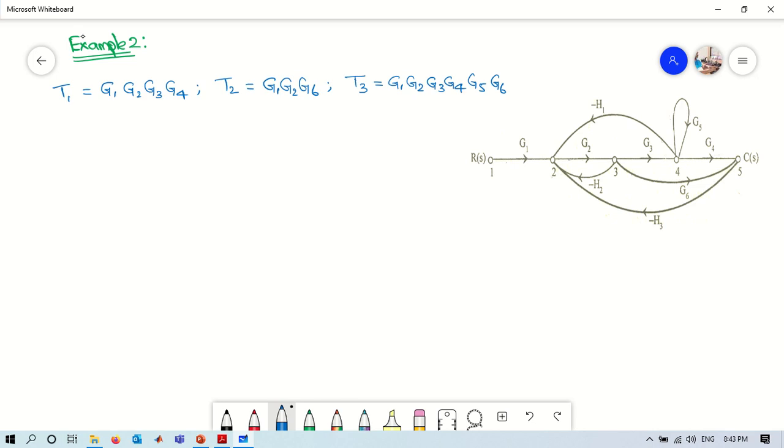So I'll be identifying my feedback paths.